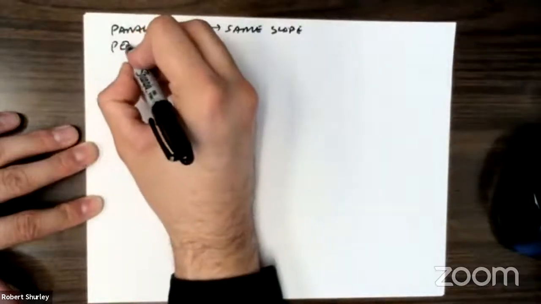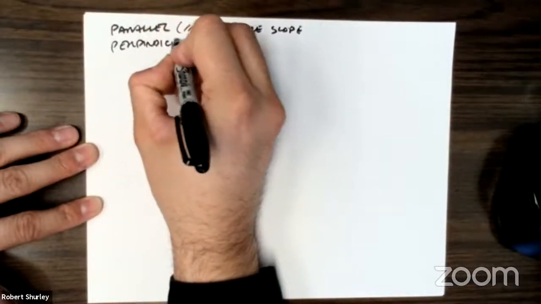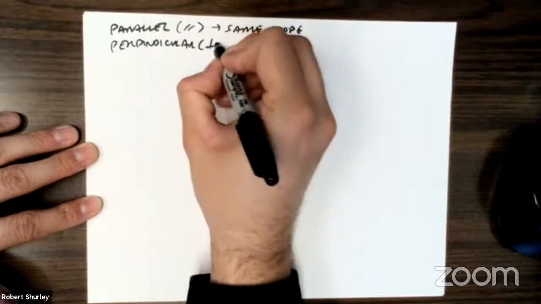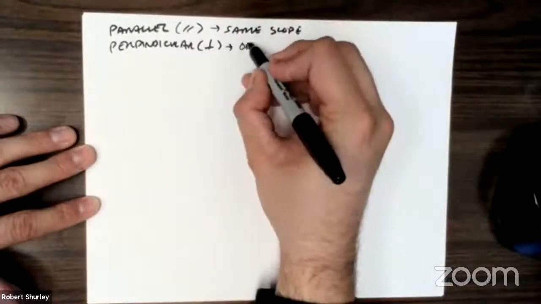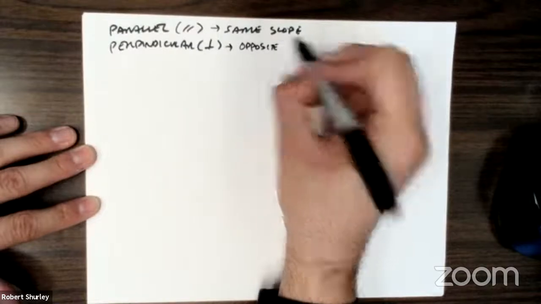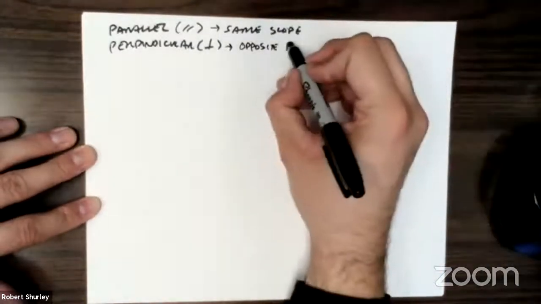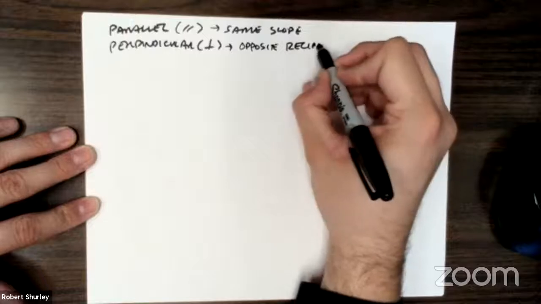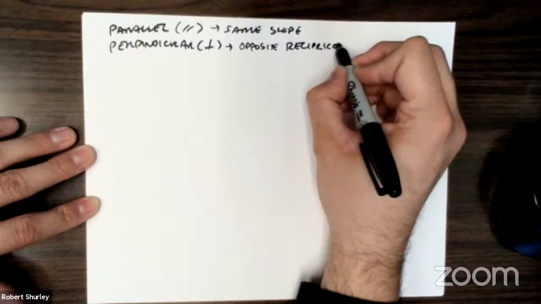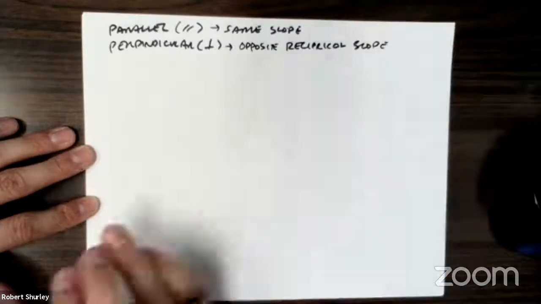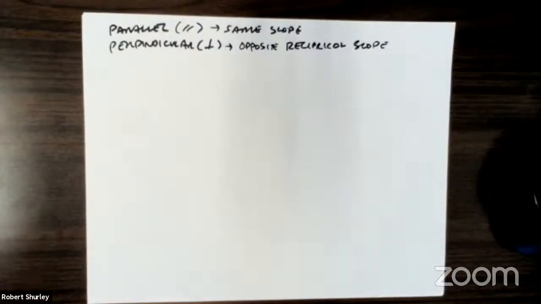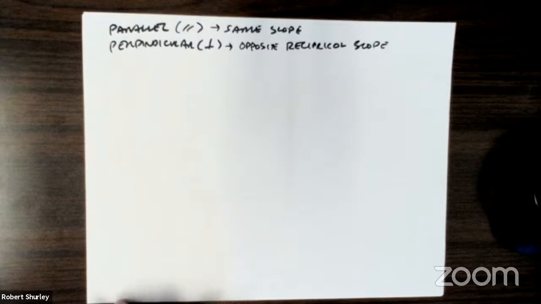But perpendicular lines, with that upside down T as the shorthand notation, remember, this is opposite, which means change the sign, reciprocal, which means flip. So opposite reciprocal slope. Change the sign and flip it.